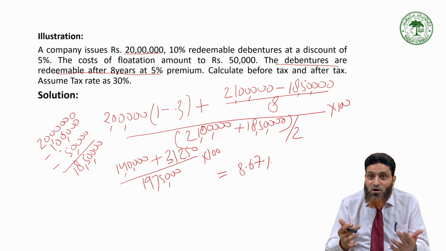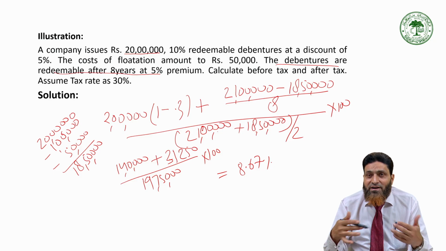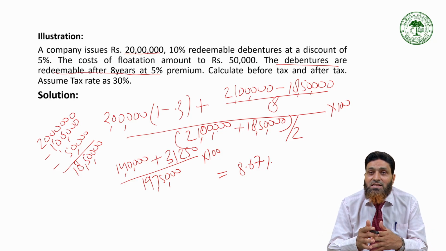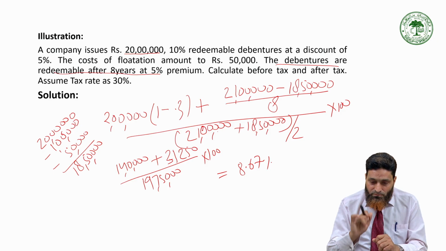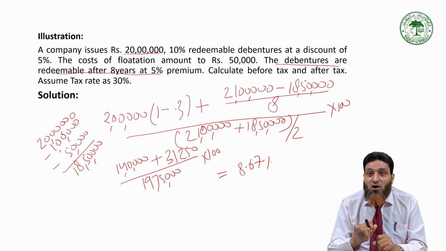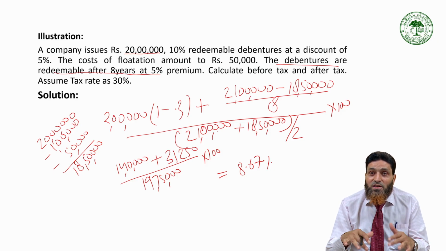Before minimizing the cost, you must know how to calculate the cost. So you are able to understand how to calculate the cost for different debt securities, for different debt instruments. Wherever cost of debt is low, funds can be raised from there. So this is the very basic purpose of learning how to calculate cost of debt.